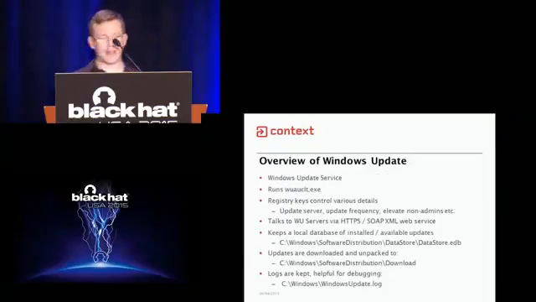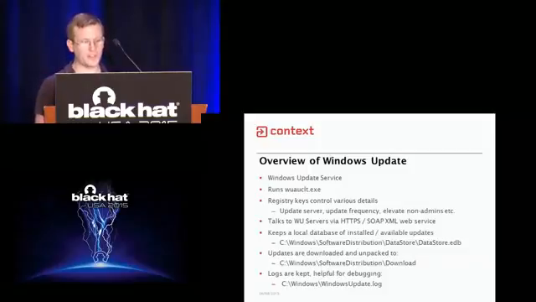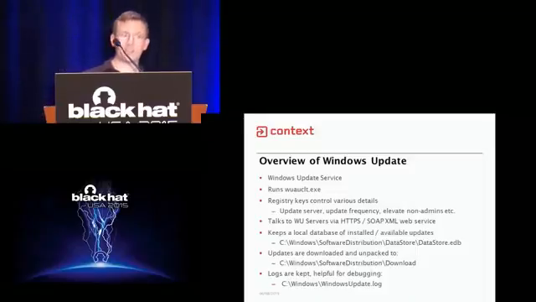Just a brief overview of the various components of Windows Update. Windows Update is a Windows service. There's an executable called WUAUCLT. I have no idea what it stands for, but that runs periodically and checks for updates, contacts the Microsoft servers to see if there's anything, downloads updates, and so on.